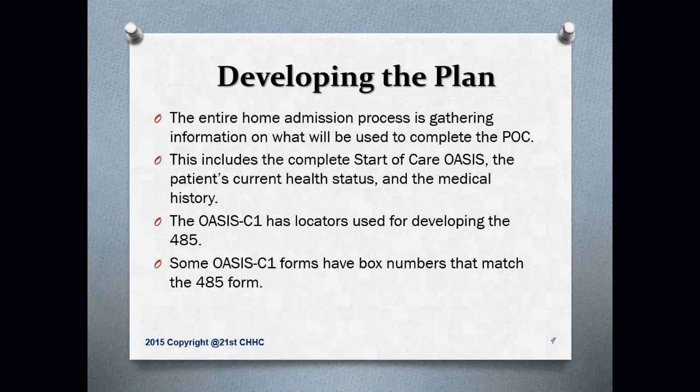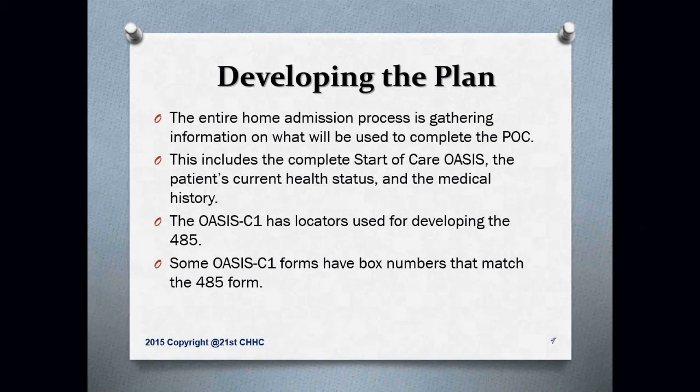So again, the home admission process is about gathering information that's going to be needed to complete the POC, and also to support what care and to what extent the patient needs care, so that if you're billing Medicare, your payment will be correct.